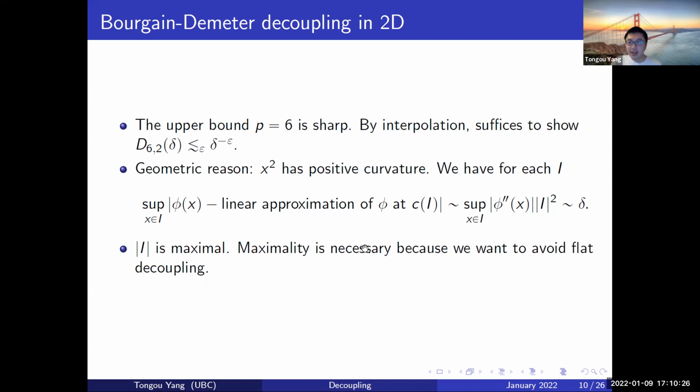And here, maximality is very necessary for us to get an interesting decoupling inequality because we want to avoid flat decoupling. Because if the interval is much shorter than the maximum interval, then you expect a lot of shorter intervals that are contained in a large interval. And this will result in the so-called flatness issue we talked about just now.